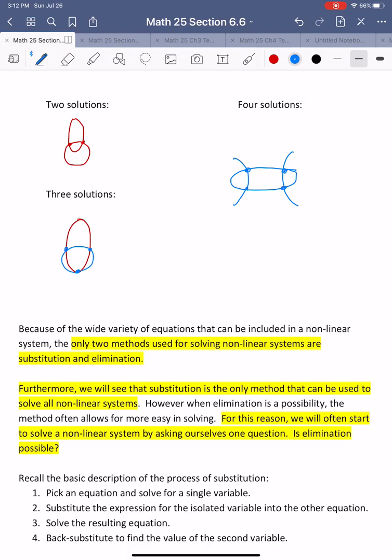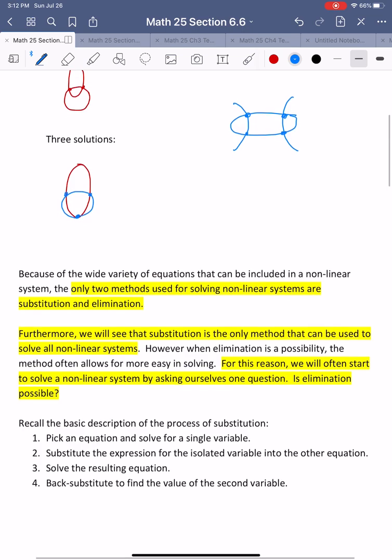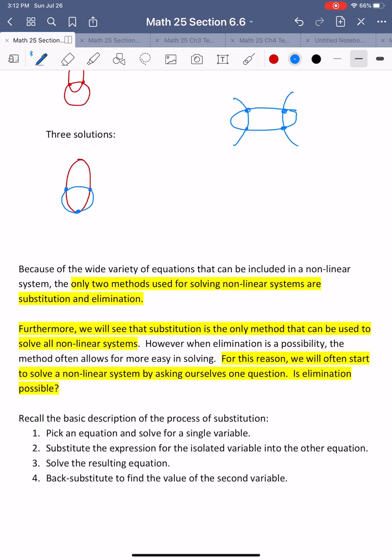Because of the wide variety of equations that can be included in a nonlinear system, the only two methods used for solving nonlinear systems are substitution and elimination. Furthermore, we will see that substitution is the only method that can be used to solve all nonlinear systems. However, when elimination is a possibility, the method often allows for easier solving.